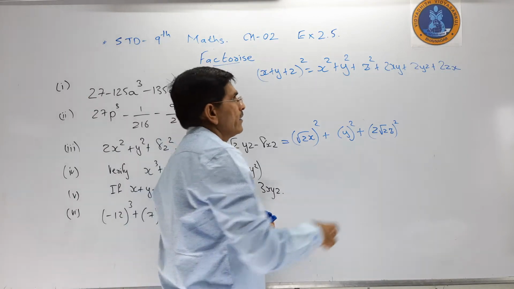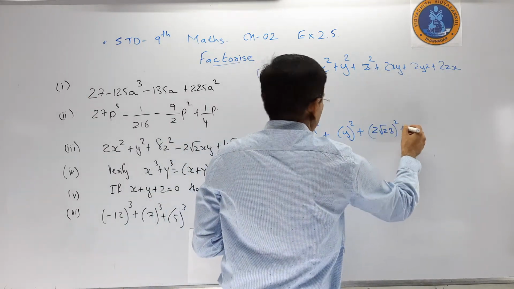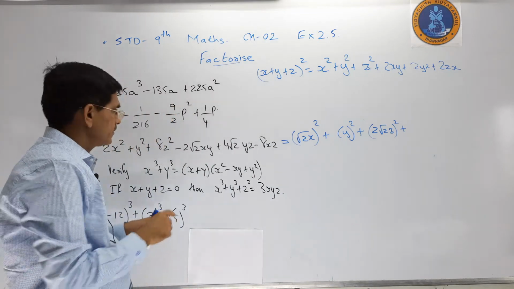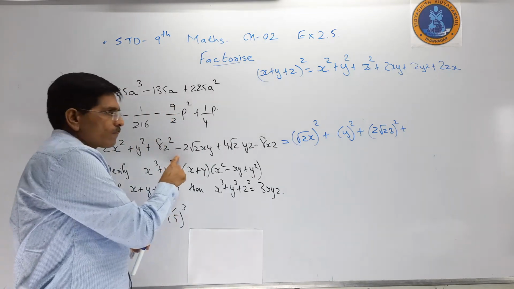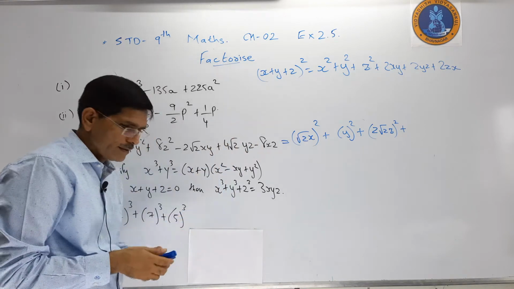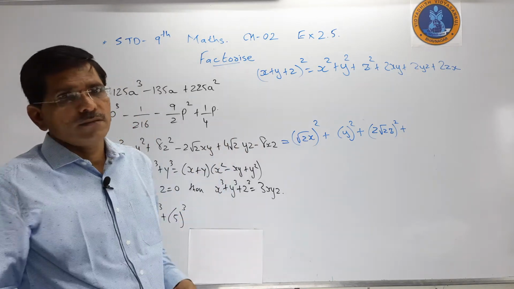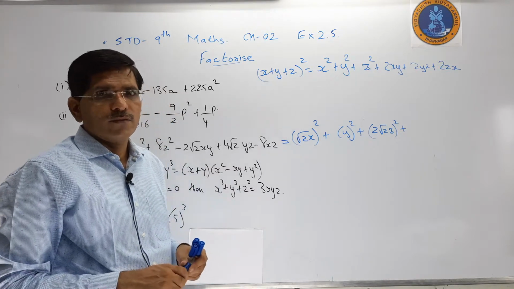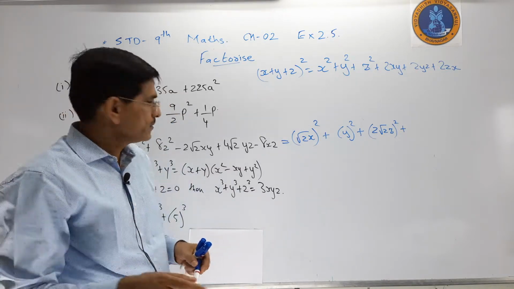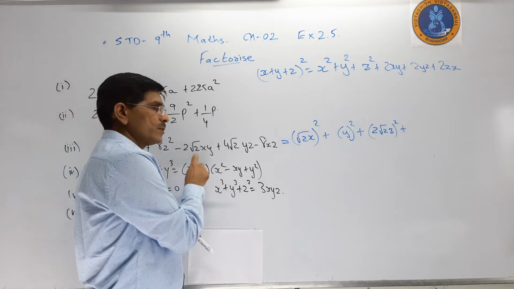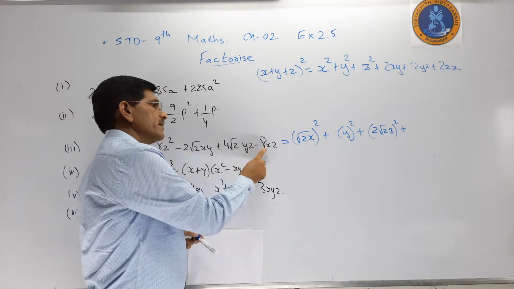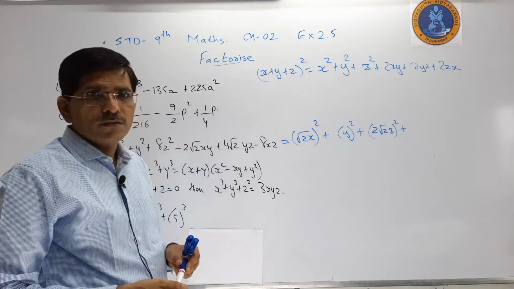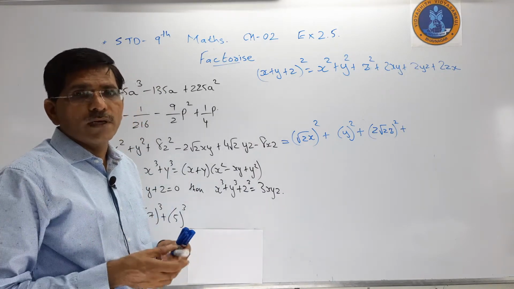Now we already have the identity with plus. What is the concept again? Here it is a negative sign, here it is a negative sign. So when out of 6 terms in the question, 2 terms are negative, we have to find this: minus 2 root 2 xy minus 8xz. Now I will ask you, what is a common variable?